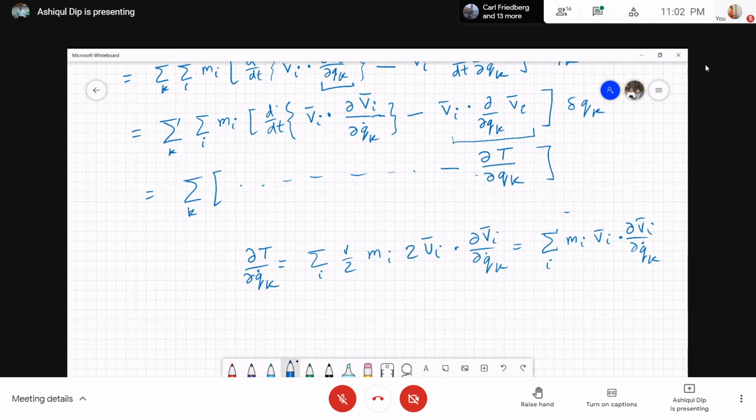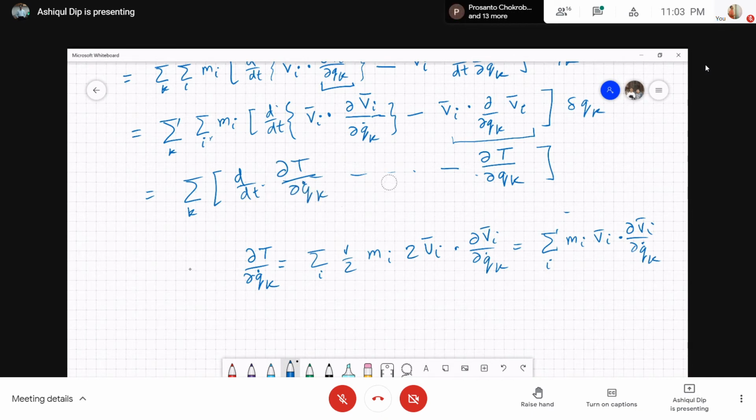Why do we have that term? Take this sum inside of the d/dt, sum over i of m_i inside the d/dt. Take d/dt of something, because m_i is a constant, we can take it in, and the rest is nothing but ∂T/∂q_k dot.